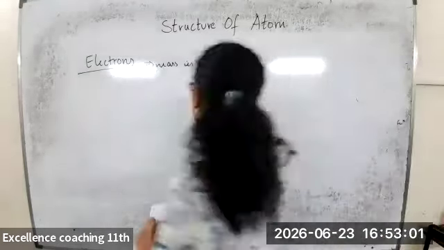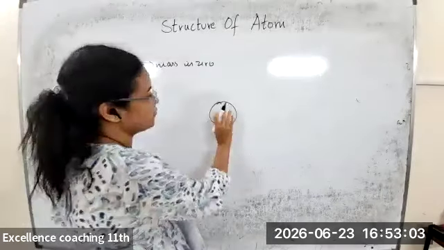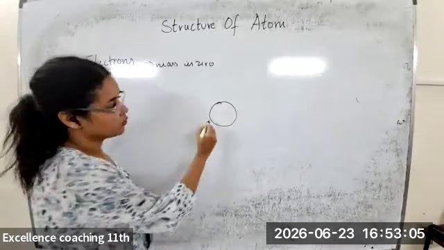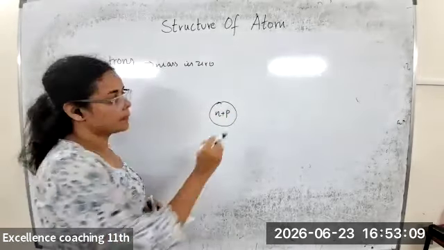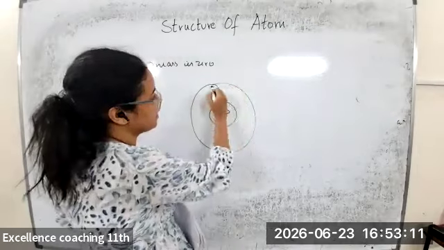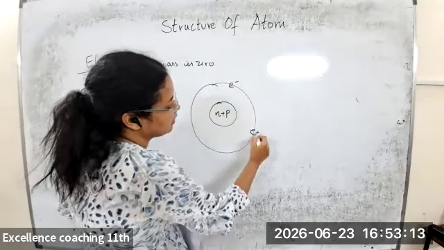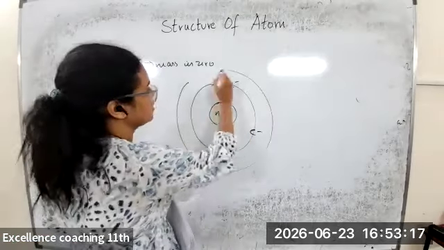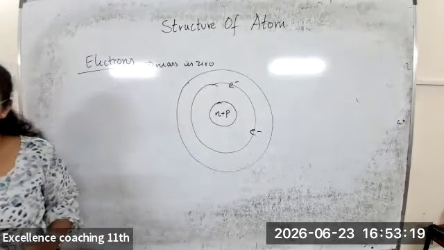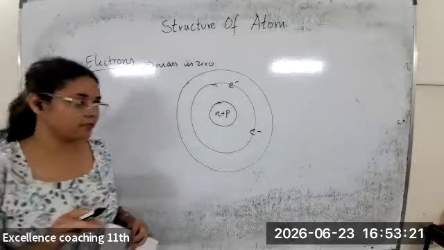So basically we have an idea here. Suppose this is the nucleus, the nucleus will contain neutrons plus protons. Electrons will be present outside in orbits. Basically you have the K shell, L shell. This you will learn a bit further on in the same chapter.